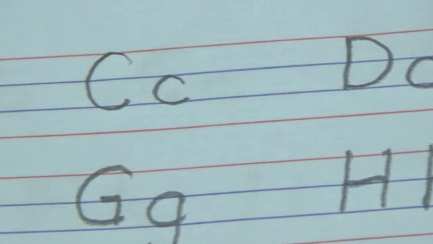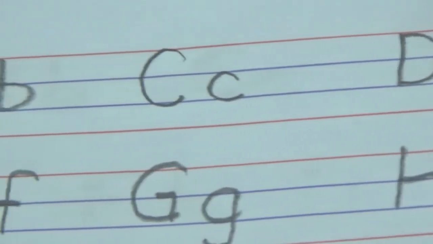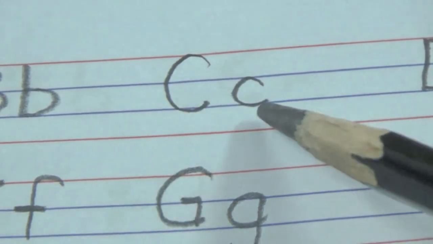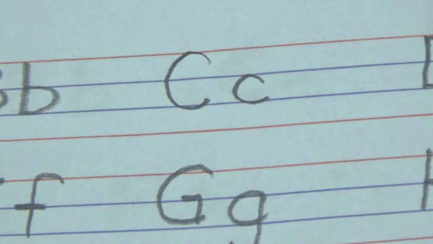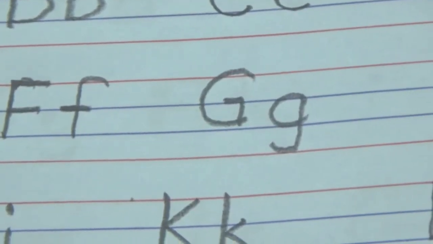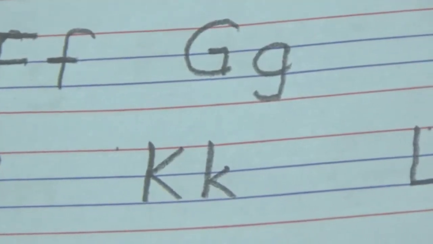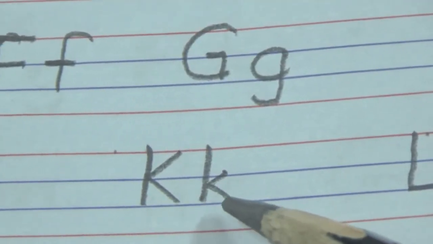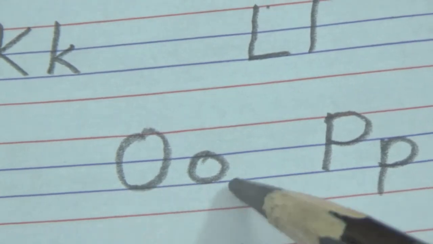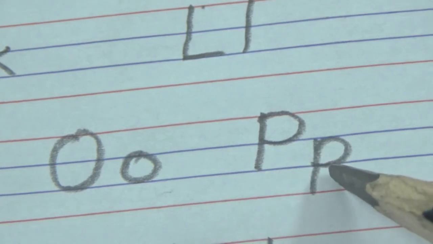Okay, now see, the block capital and small letters are similar, just different in spaces. Look, suppose capital C and small c. Next, capital K, small k. Next, capital O, small o. Next, capital P, small p.